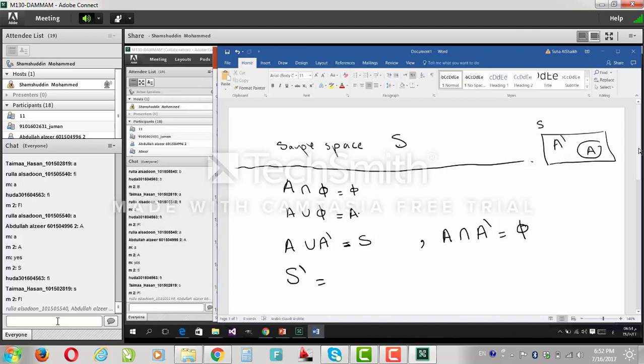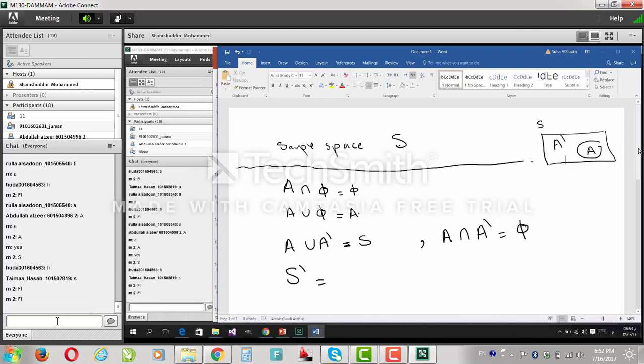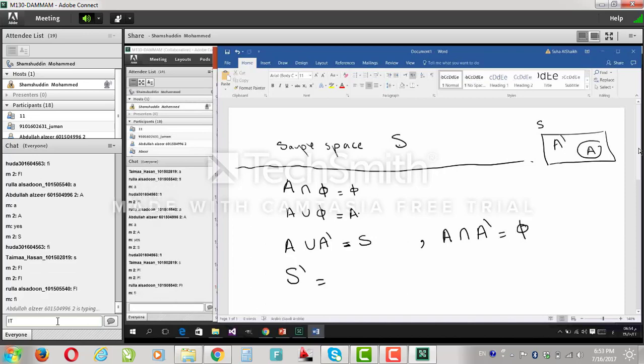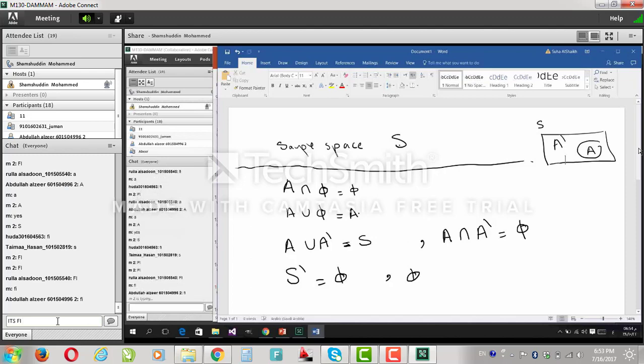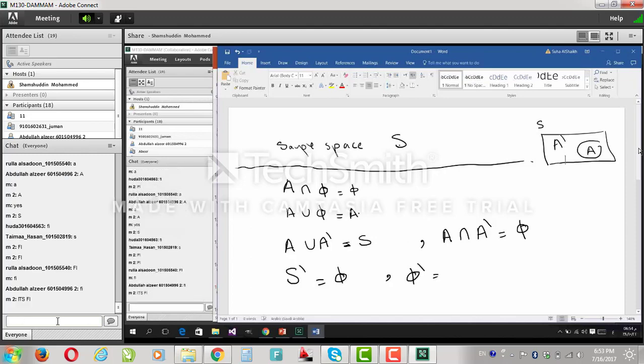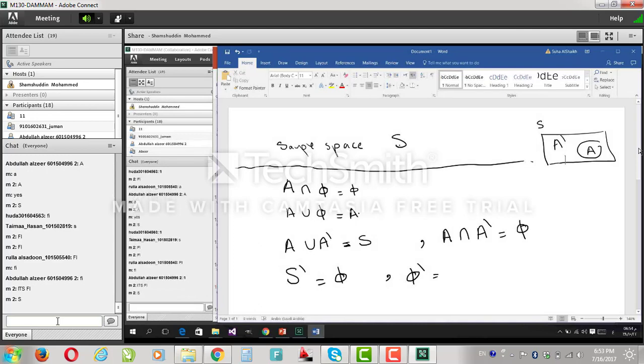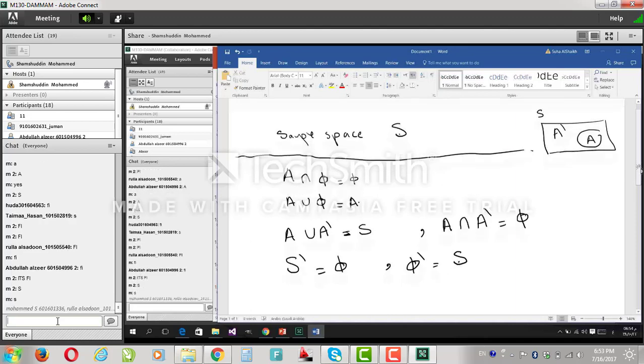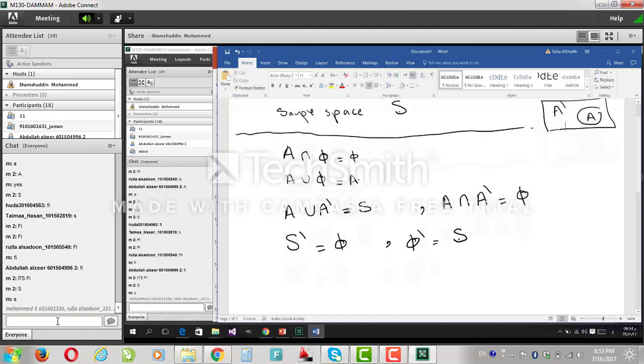What's the complement of S? It's phi, right. And what's the complement of phi? It's S, right? The complement of phi is S.